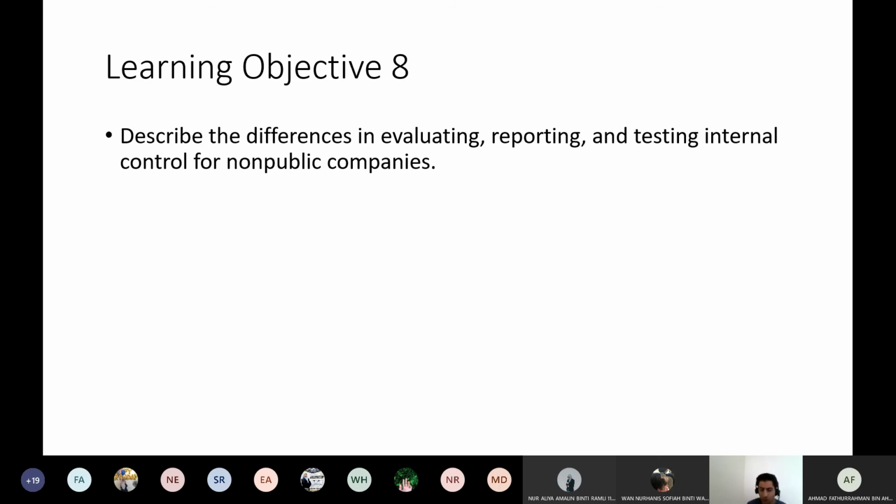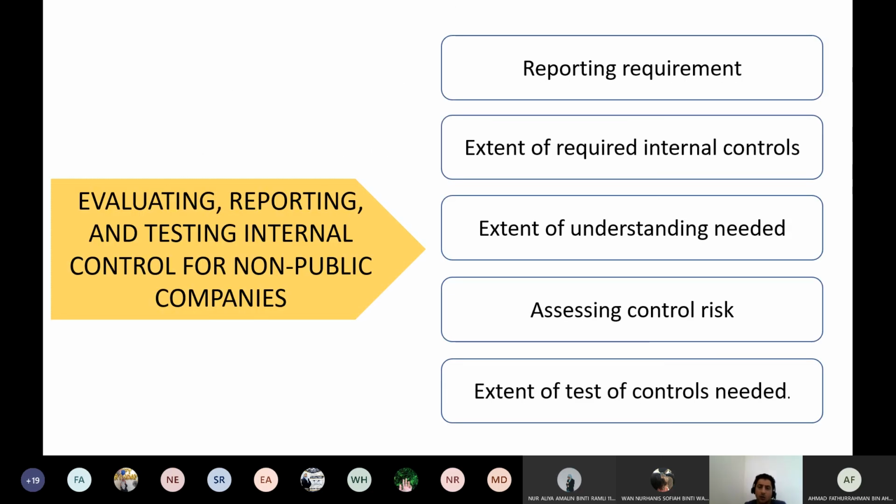But here we will have some specific information. In terms of reporting requirements, private companies are not required to report or state the effectiveness of the internal control system over financial reporting.